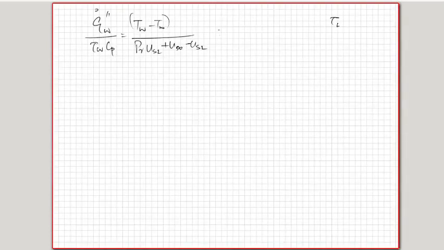So tau wall is equal to Cf by 2 into rho U infinity square.